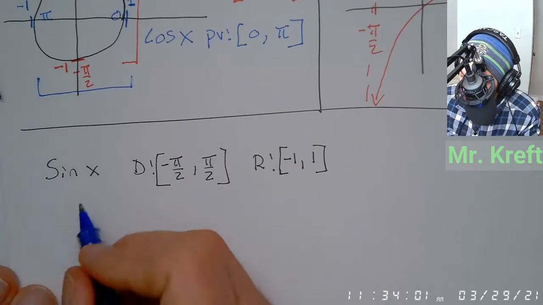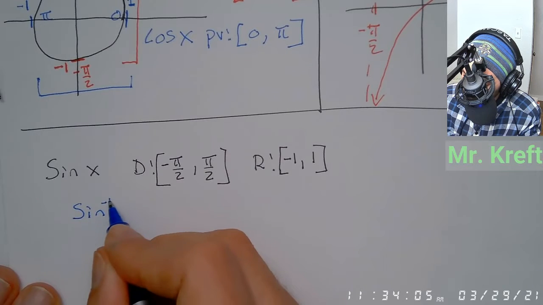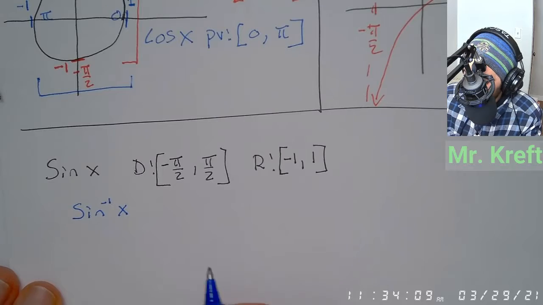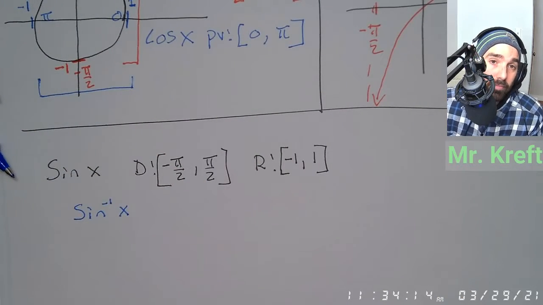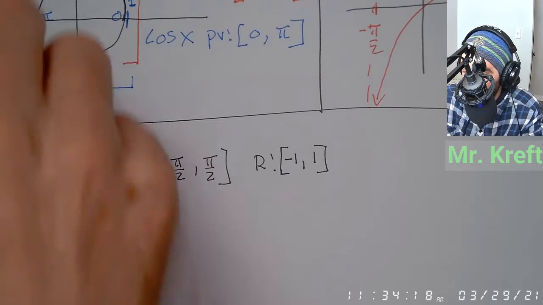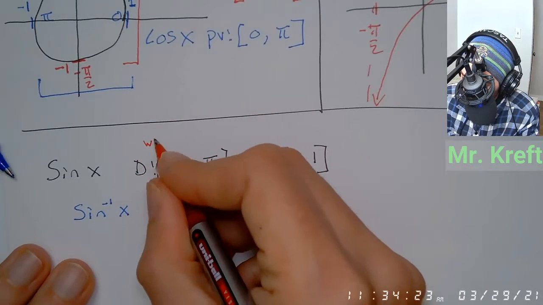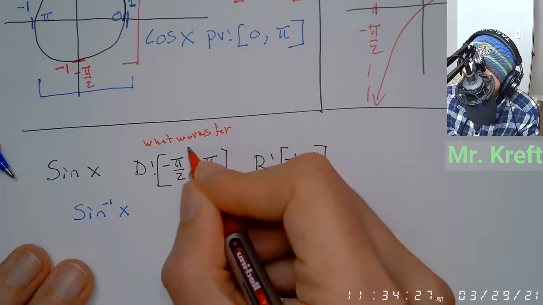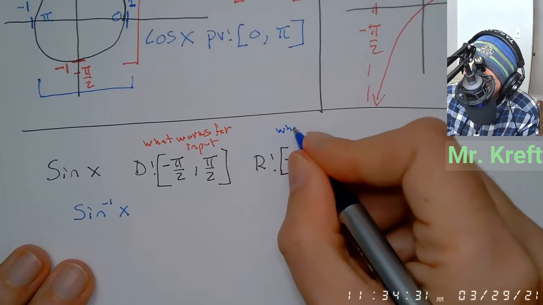So then if I wanted to take a look at sine inverse of x, we have to remember what an inverse is. It's a reflection over y equals x. Well, remember, domain is kind of like what works for your x, and then the range is what works for your output.